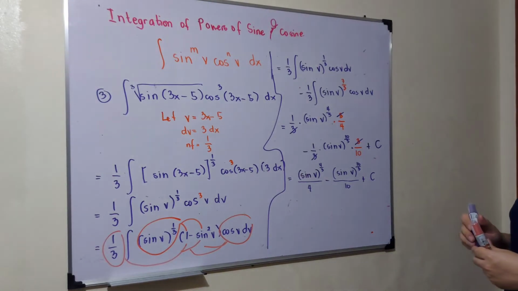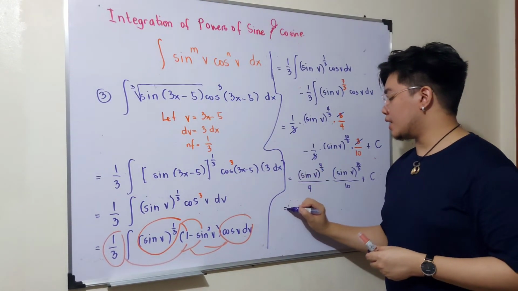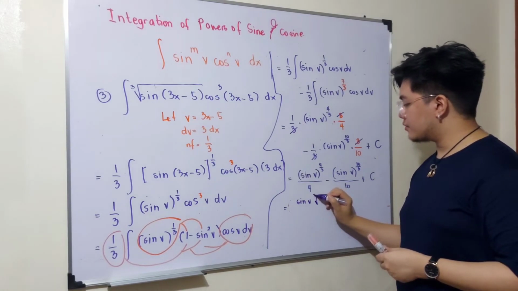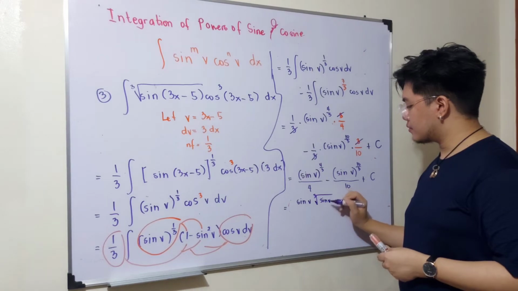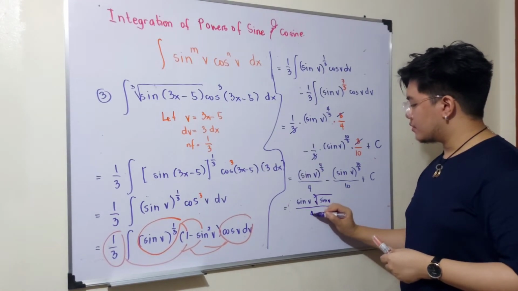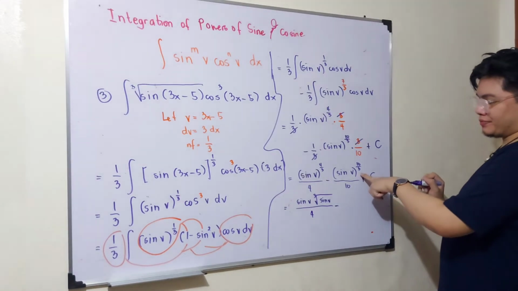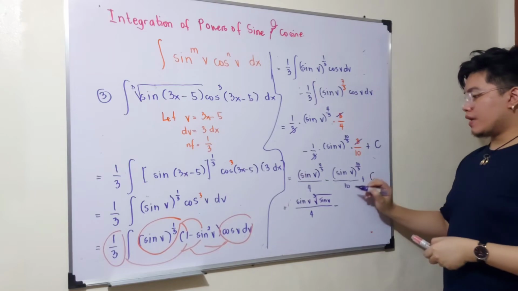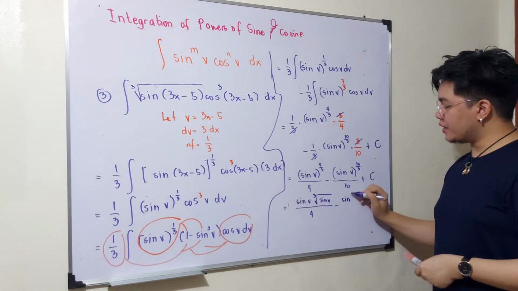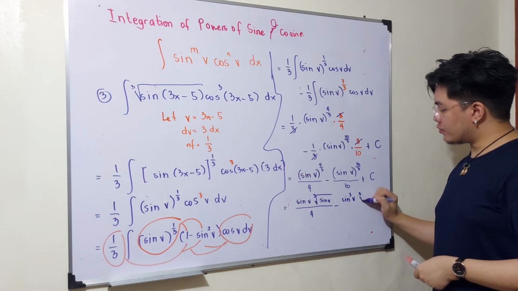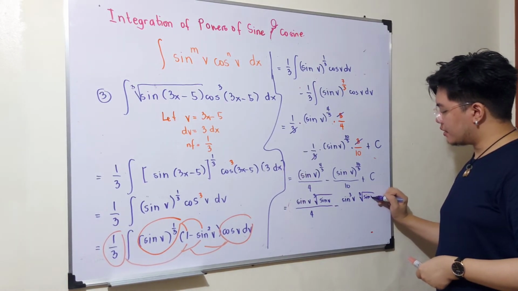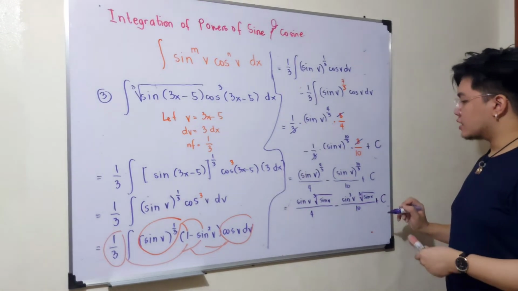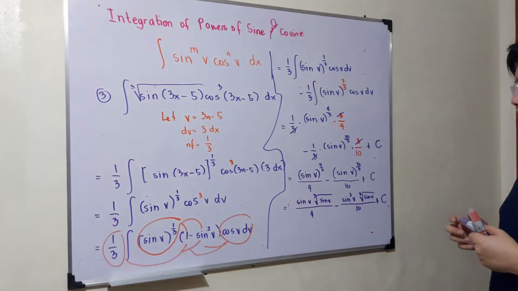So itong part na to magiging sine V, so review on your radicals. So minus ito naman, 9. So we have sine cubed V cube root of sine V over 10 plus. So meron tayong common factor at pwede rin tayo mag-simplify pa.